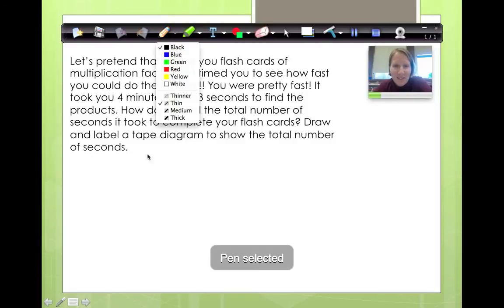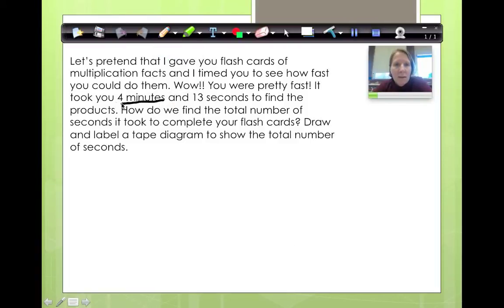Alright, so now, it took you 4 minutes and 13 seconds to find the product. So wait, what's a product? A product is a fancy word for what? Multiplication answer.